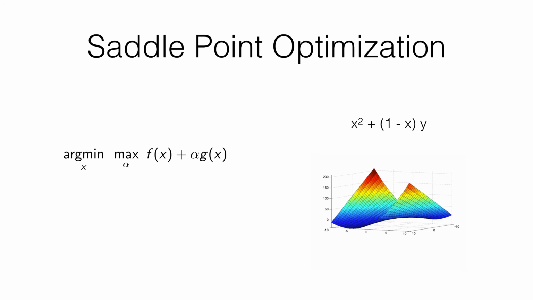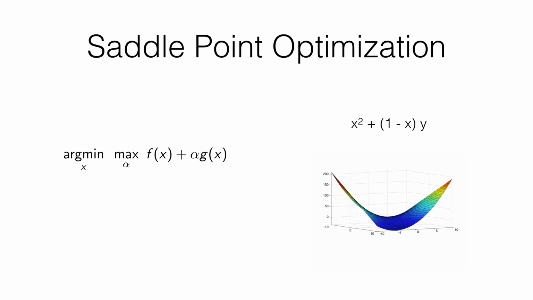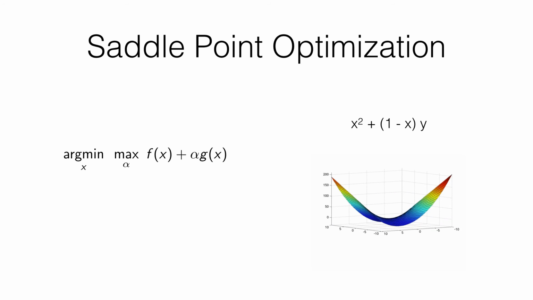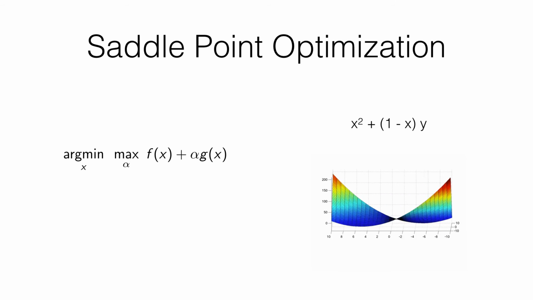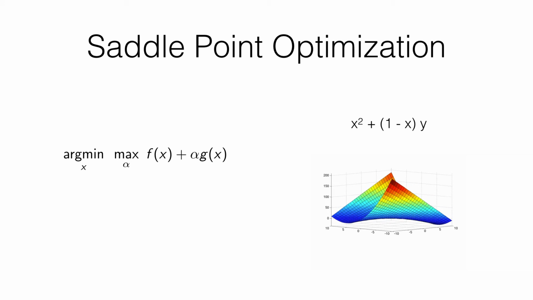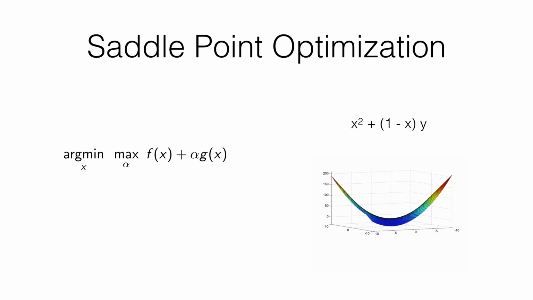So here's an example of one of these problems, and you can probably see where the name Saddlepoint comes from. It kind of looks like a saddle, but the idea is that our goal is to find a point where neither player can improve their performance, can either minimize or maximize the function any better given the current value of the other player's variable, right?